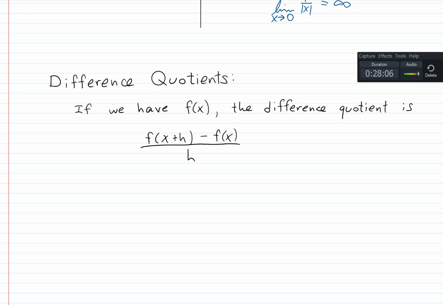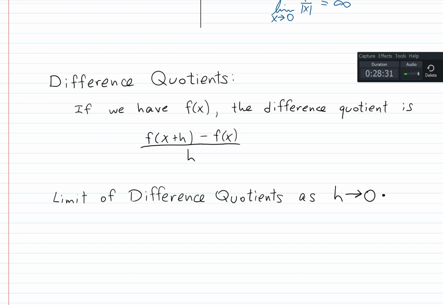So we're going to do limits of difference quotients as h approaches 0. Okay, and this is crucially important. So we're just going to do a few examples here. I think that's the best way to do this, is by example.